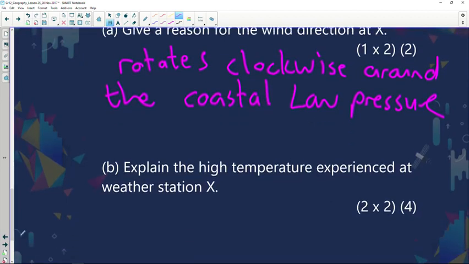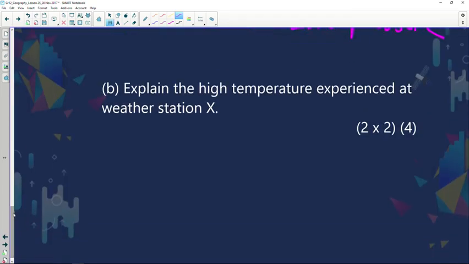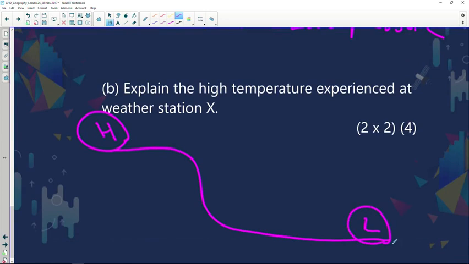Explain the high temperature being experienced at weather station X. Now, the reason why is very similar to the previous question. If you look, there's a high pressure over the interior where Pretoria is, and there's the coastal low pressure. So what happens? There's subsiding air. Now, you know wind is air that moves from a high pressure to a low pressure. So this air moves down the escarpment to the coastal low pressure.